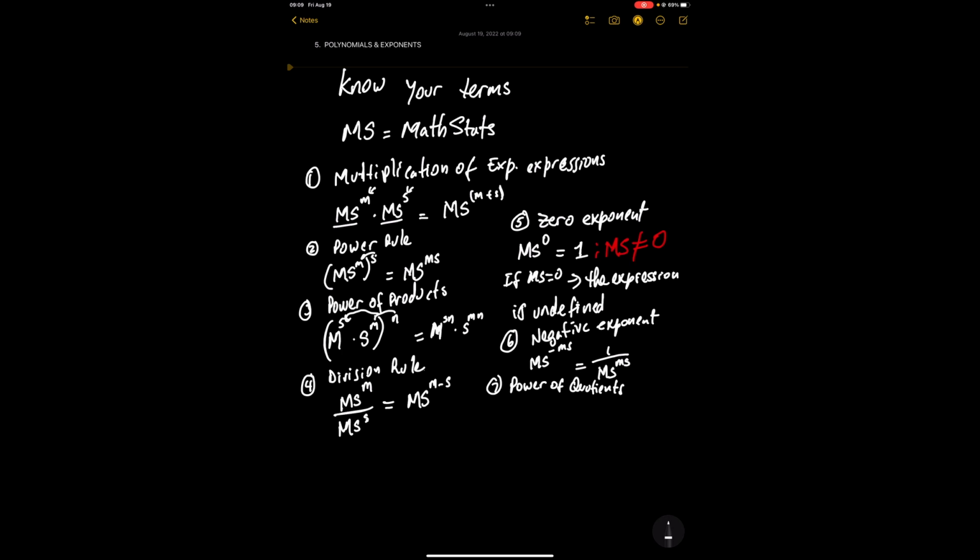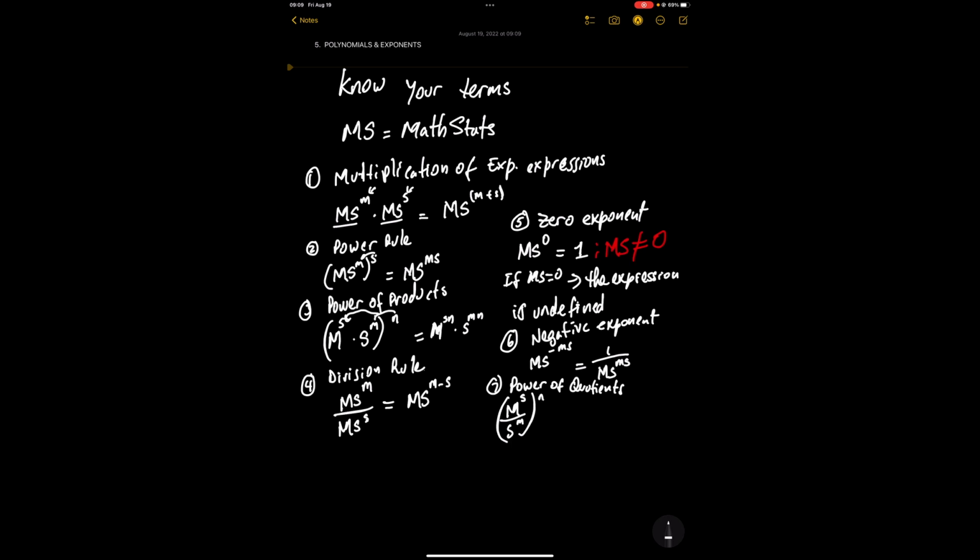I mentioned earlier in the division rule that we could do the power of product with it, but it's actually called the power of quotient. Let's say you have m to the power of s over s to the power of m, and all of that to the power of n.